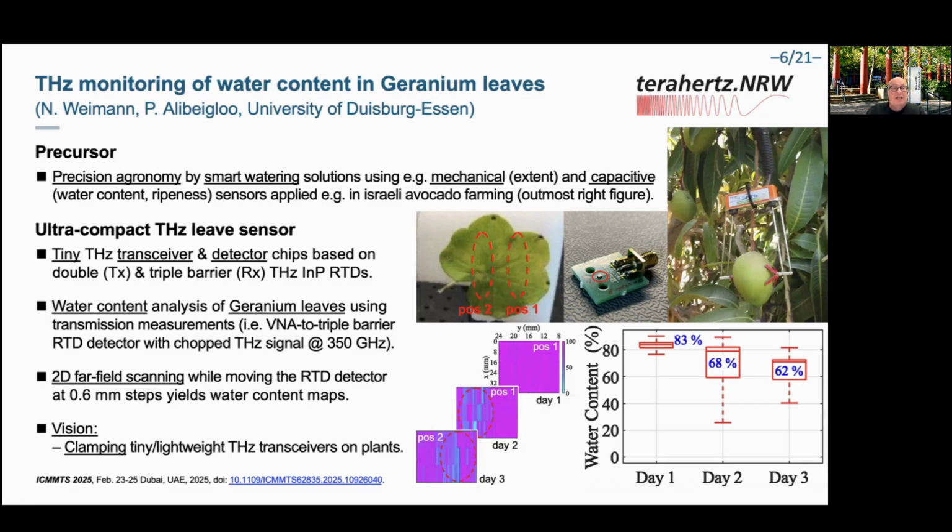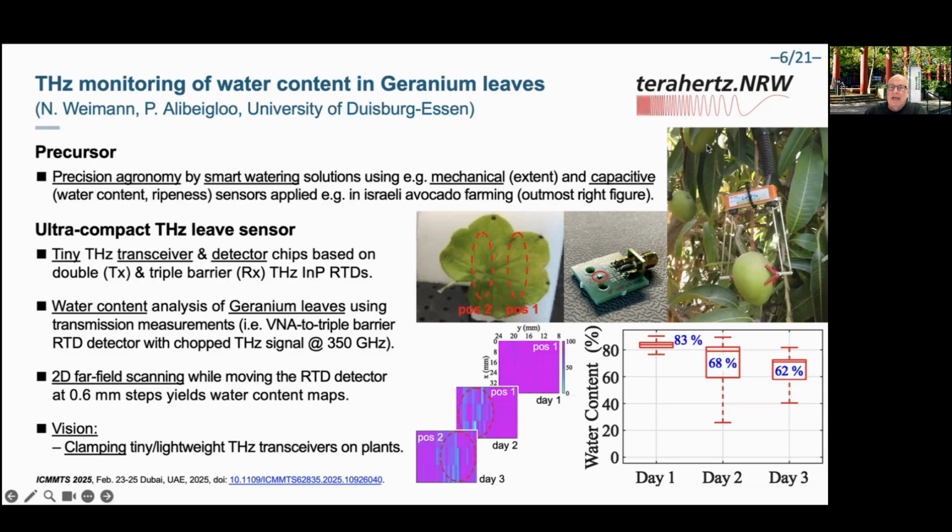So I have to mention that precision agronomy is also a long-standing issue in Israel. By their national history, they are actually the inventors of this kind of droplet watering system. So in order to provide a pinpoint watering, you also need to sense the plant state.